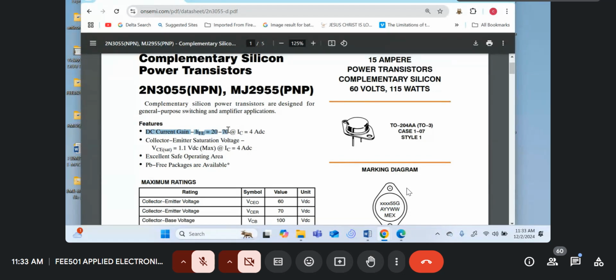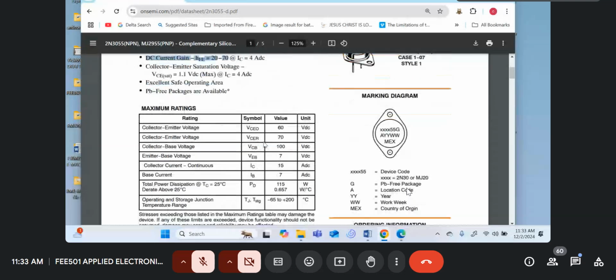Okay. And if you're designing the power supply, if it's an exam problem, you've got to go to some other data so that you understand the maximum voltage you can put across the collector emitter with base open, which is 60 volts. So this transistor, you're only allowed to put a maximum of 60 volts.